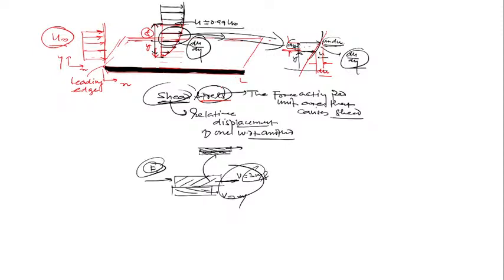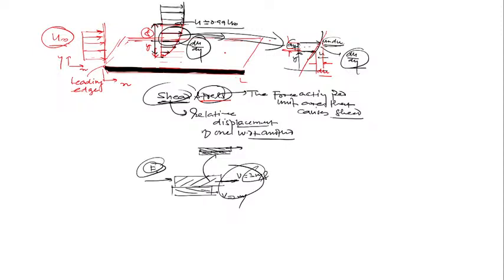And this will continue till a distance delta, where the effect of the solid boundary is negligible, or beyond that the gradient is zero.